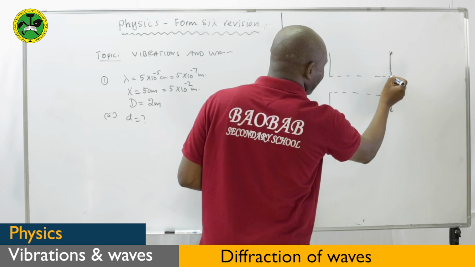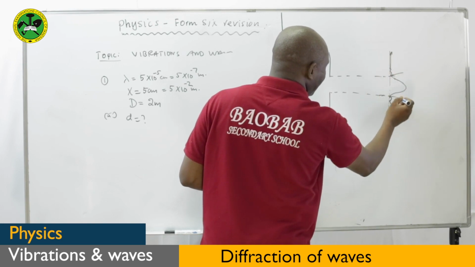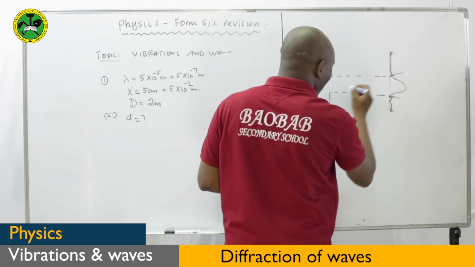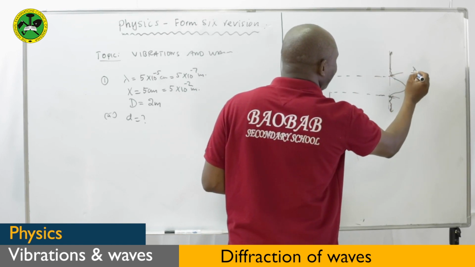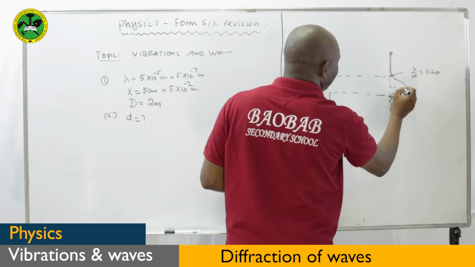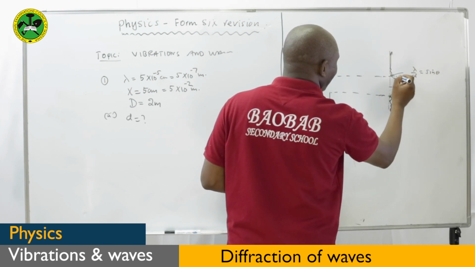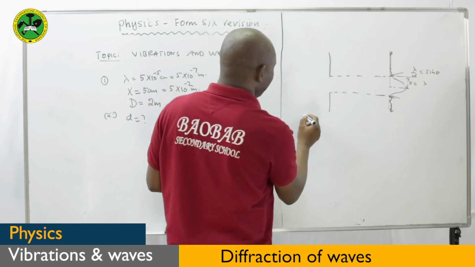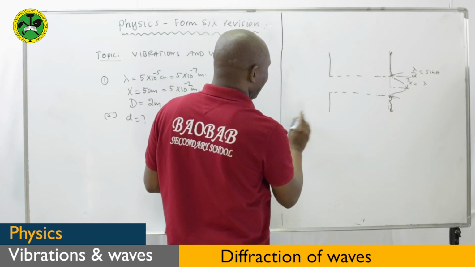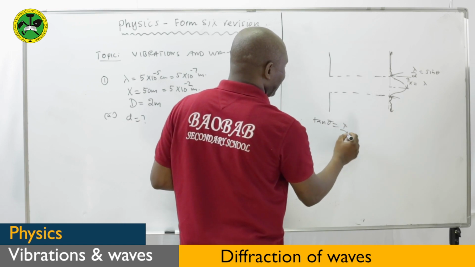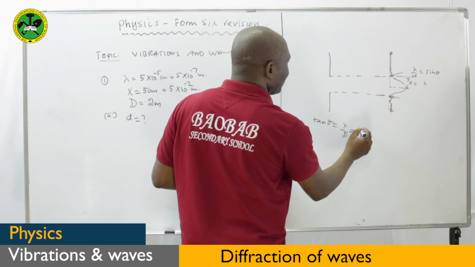So the first image will be produced at that point, and the corresponding angle is given by lambda over d, with sine. We found that the distance from here, where that image is formed, x equals lambda. If you remember, we said that the sine of the angle, or tan of the angle, equals the distance over capital D, equated to lambda over small d.